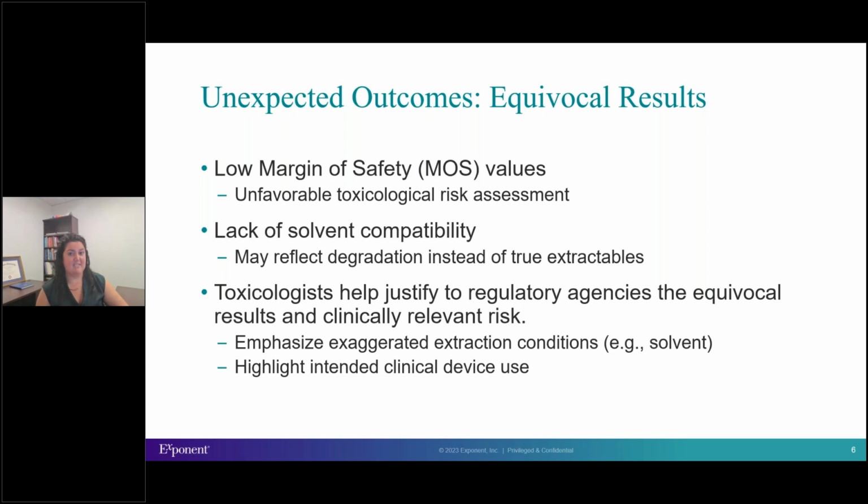And this can arise even when there's no evidence of degradation or solvent incompatibility found by the chemist prior to the extraction study. So when we encounter this, we like to highlight the conservative assumptions in the TRA and the clinical significance of the exaggerated extraction conditions.